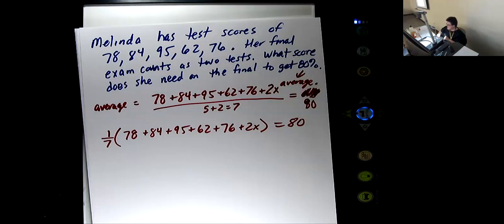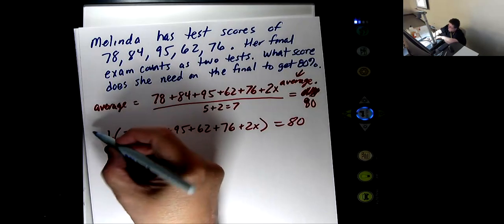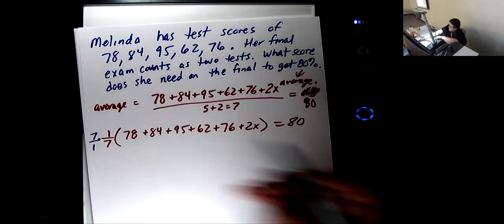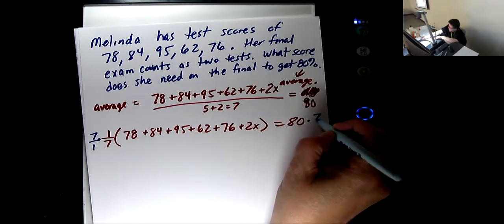This is easier to get rid of the fractions first. How can I get rid of 1/7? Flip it. We're going to flip it, but we're going to multiply by flipping it. So if I flip it, it would be 7/1. And so we're going to multiply both sides by flipping it.